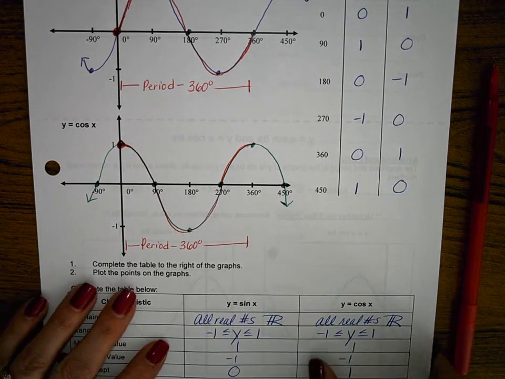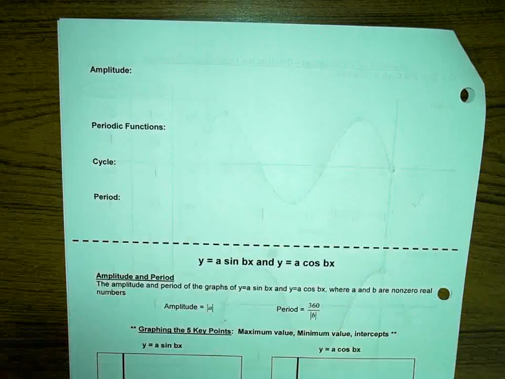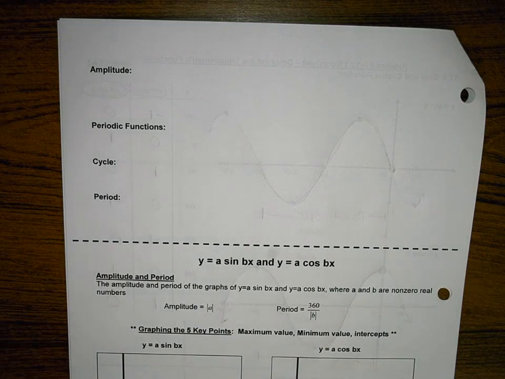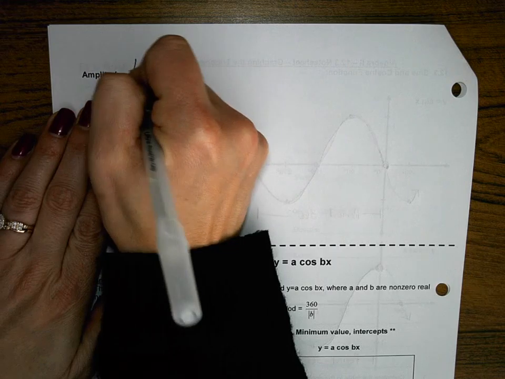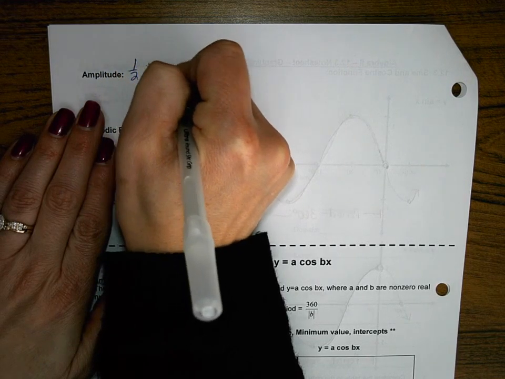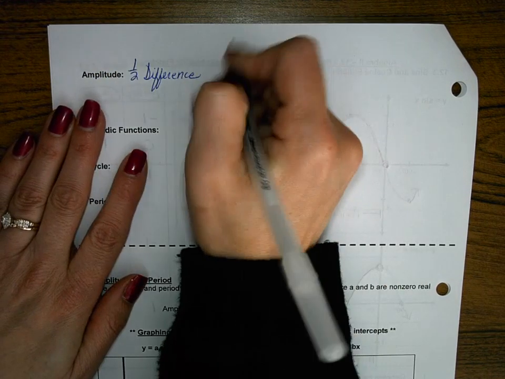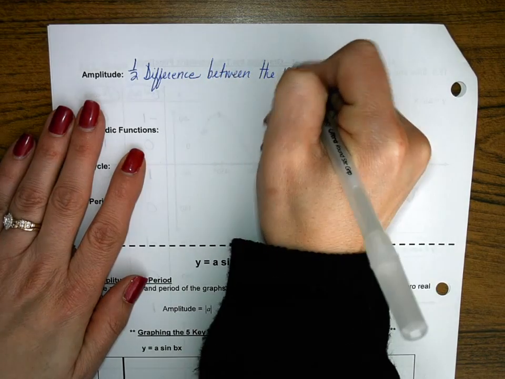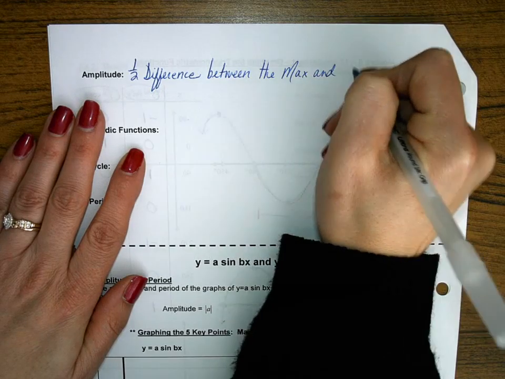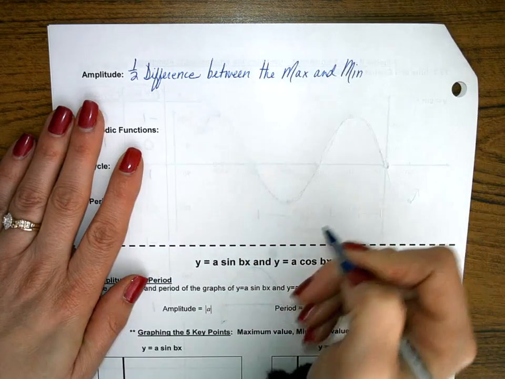All right, here we go. What is this all talking about? How do we organize this information? Okay, we got some vocab we got to talk about. The amplitude is half of the difference between the maximum and the minimum.